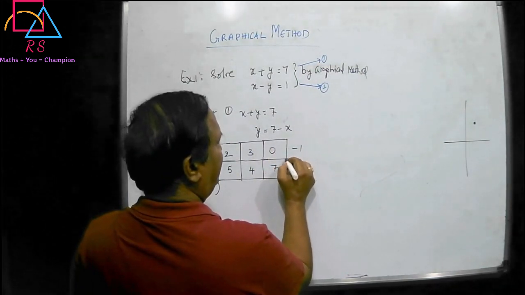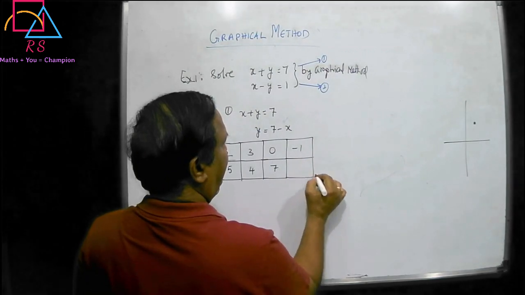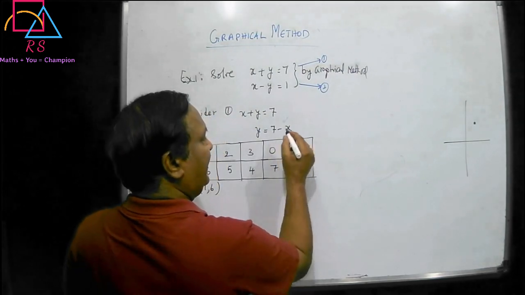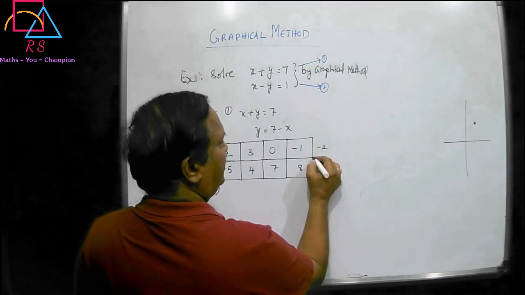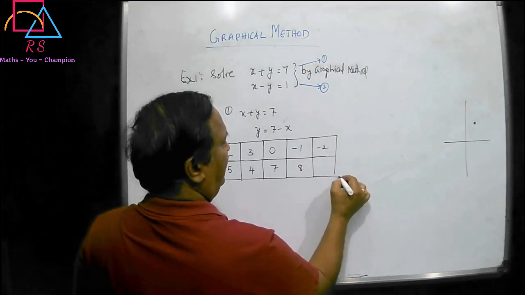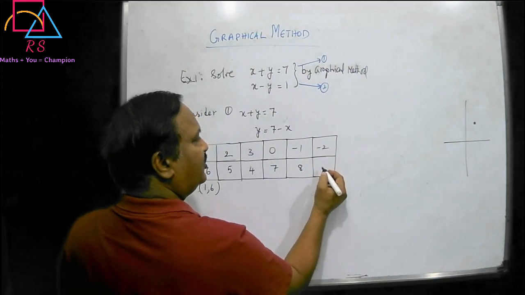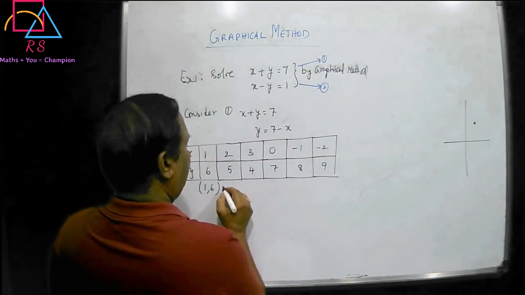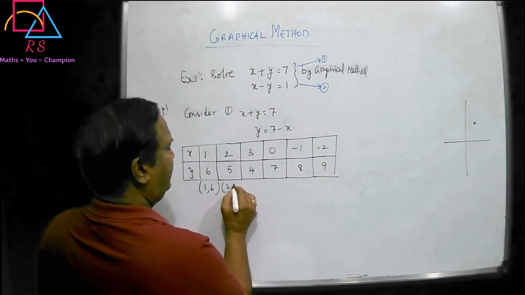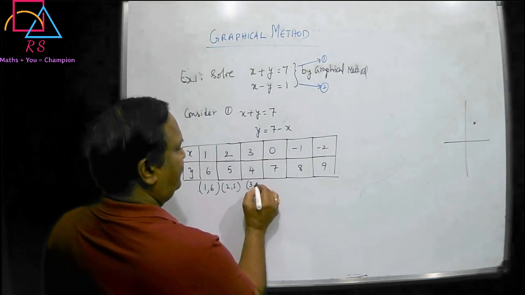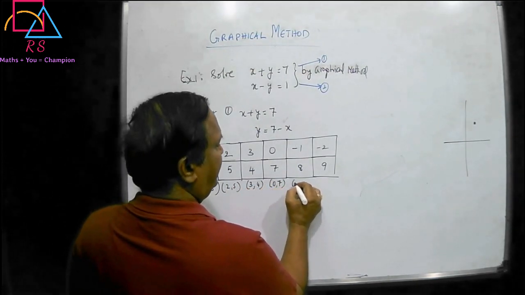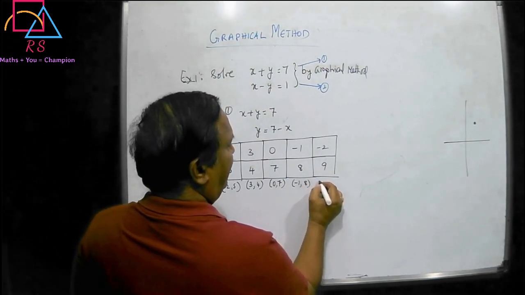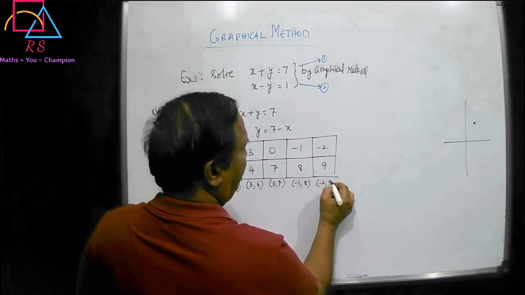Then minus 1 also: 7 minus minus 1, plus 1, becomes 8. You write minus 2 also: 7 minus minus 2 is 9. So the ordered pairs are 2, 5; 3, 4; 0, 7; minus 1, 8; and minus 2, 9.